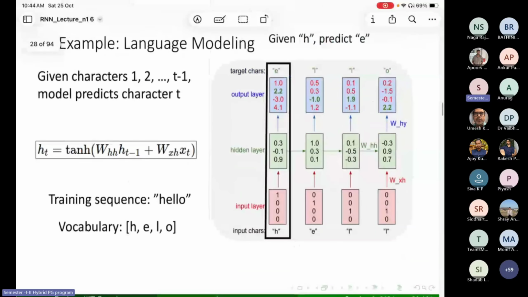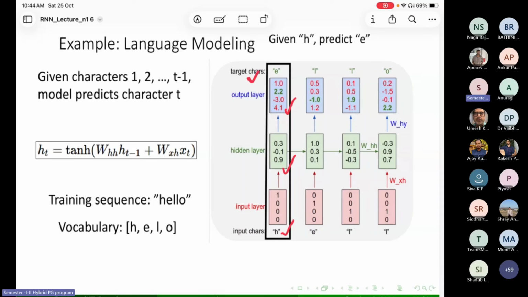Whatever I told, I'm going to recap here. With the help of H, you find the state and then you predict the output. This should be E, because your target character is E: given H, I want to predict the next character, E. Whatever it gives might be wrong, for example it gives the maximum value at a position that says O, but it should be E. So you have your target character here, and you find the loss by applying cross entropy, because we are considering this as a classification problem.